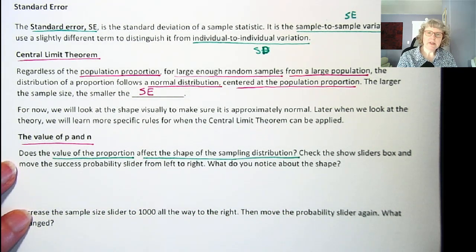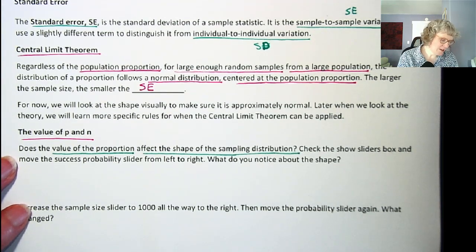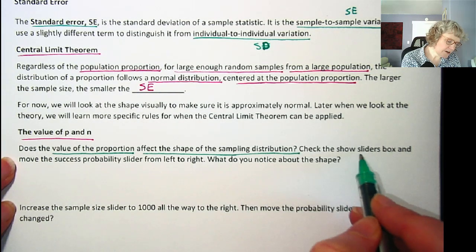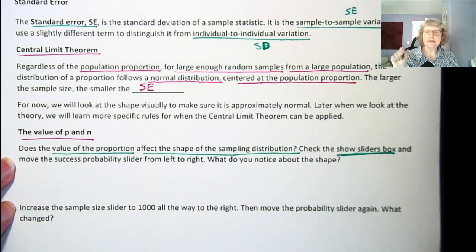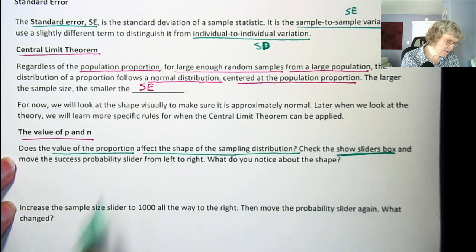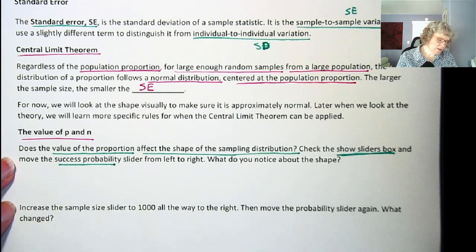I hope you still have your app open from the previous video, but if not, you can get there again pretty easily. It's good practice. If you check the show sliders box, there's a slider bar where you can move the value of P around. That's the success probability. And so let's do that and see what happens with the shape.